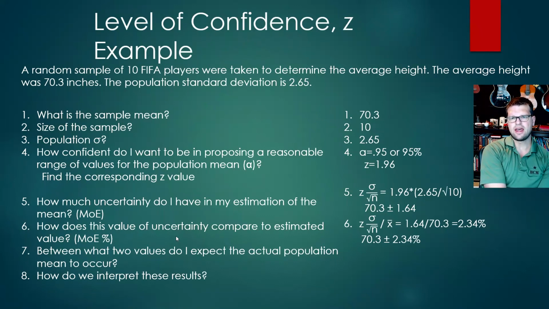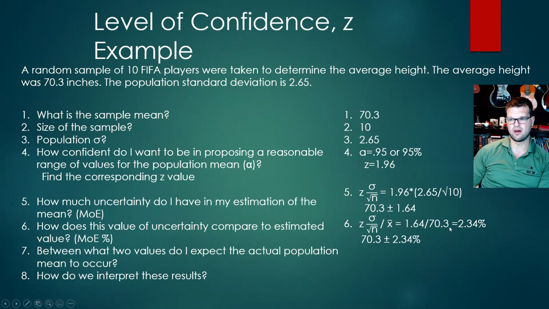I have the margin of error value, which is 1.64. I take that margin of error value and I divide it by x bar, the average, which is 70.3. And so that's going to be 2.34%.